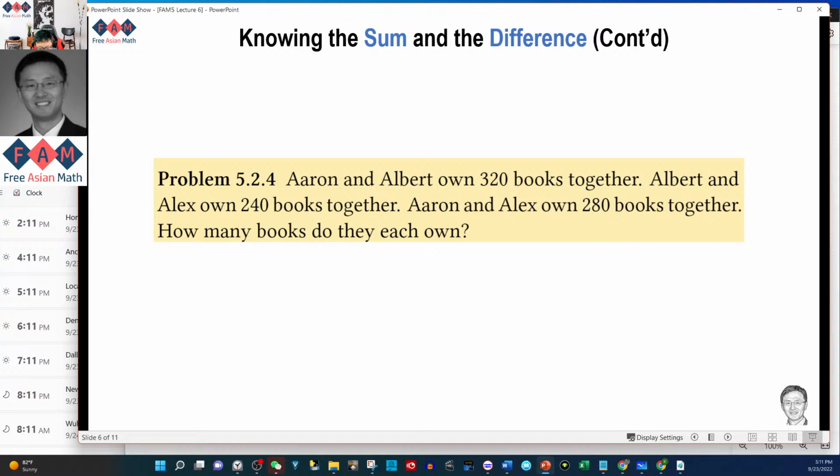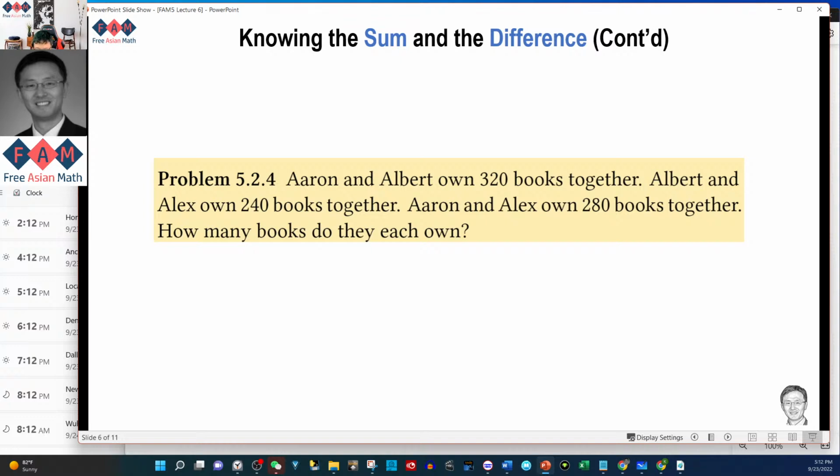If we subtract this second smaller number, 240, from the first one, what is the physical meaning of that? You can see that this will actually be the difference between what? Aaron's number and Alex's number, right?